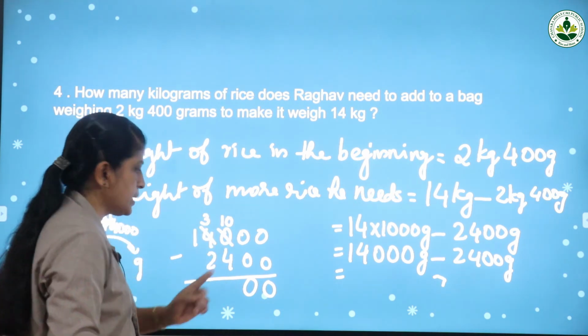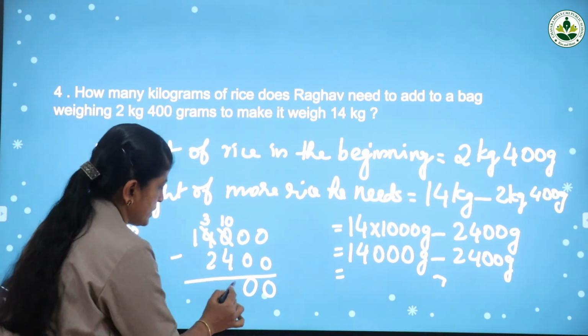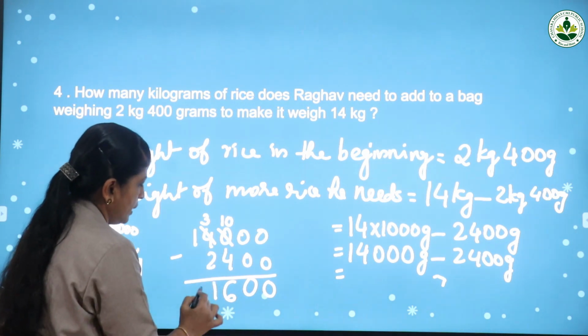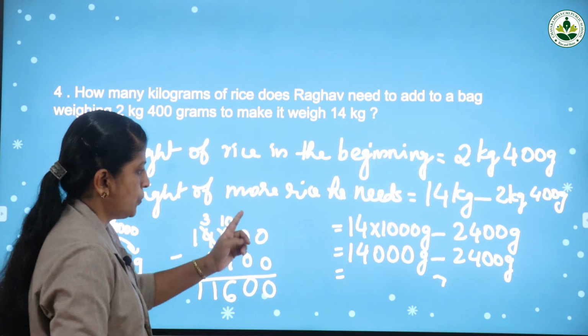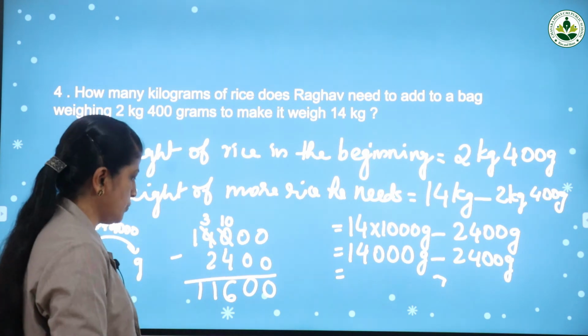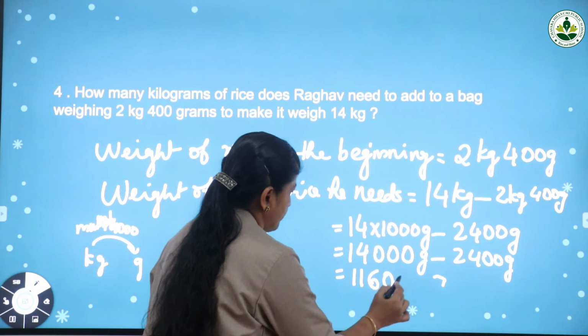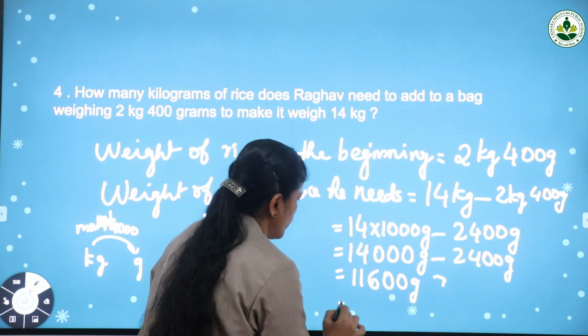Then 10 minus 4 is 6, 3 minus 2 is 1, and this one. Therefore, 14,000 minus 2400 is 11,600 gram.